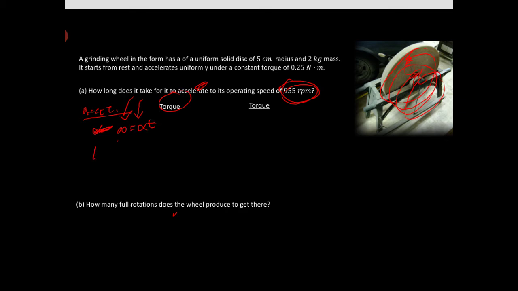So that means t is equal to omega over alpha. So we have to find those two things. Well, omega is just this, but we need radians per second instead of RPM. So that's a conversion problem. So let's just do the conversion down here, and then that will disappear later on.